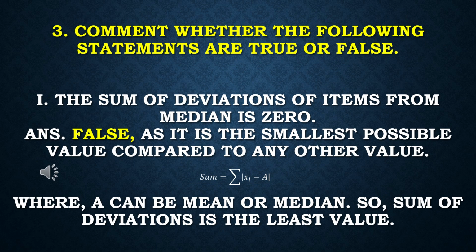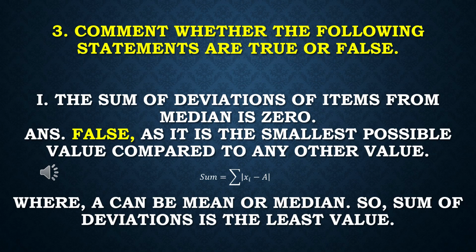The third question is: comment whether the following statements are true or false. So question number 1 is: the sum of deviations of items from median is 0. So here the answer will be false, and the reason is that it is the smallest possible value compared to any other value.